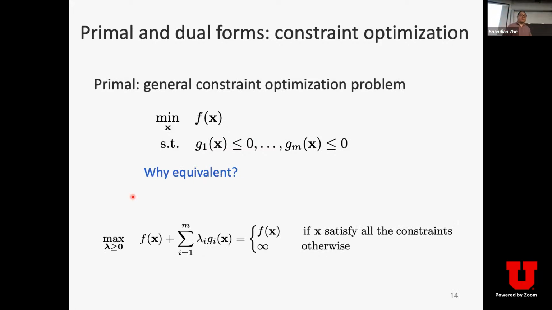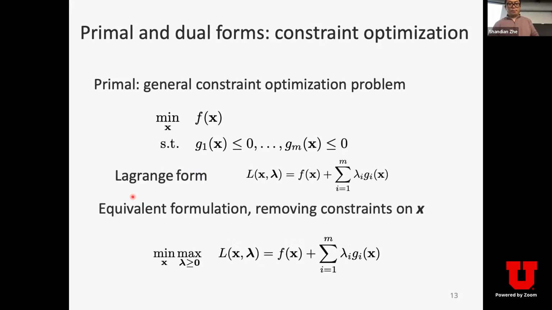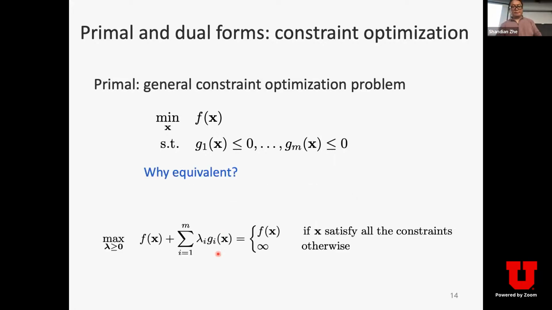To see why they are equivalent, let us look at the min-max optimization problem. More specifically, let us assume x is fixed. Let us just look at the inner maximization of the Lagrange function. What value will it be for different choices of x?